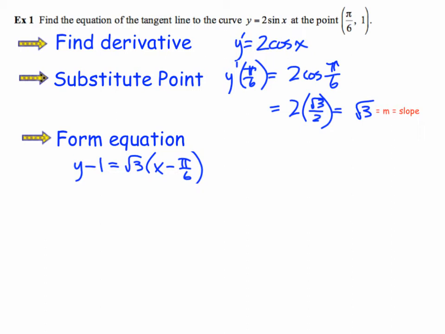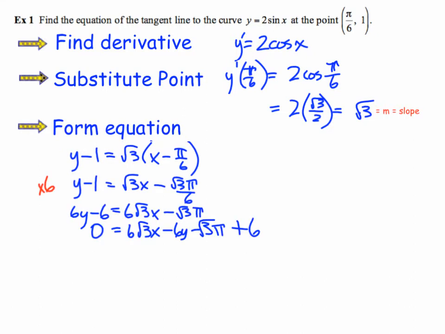Then I continue to simplify, so I'm going to distribute root 3 into the bracket. Since I have a denominator of 6, I'm dealing with fractions. I multiply by 6 all the way across the equation, because what I do to one side of the equation, I need to do to the other. And then make your equation equal 0.